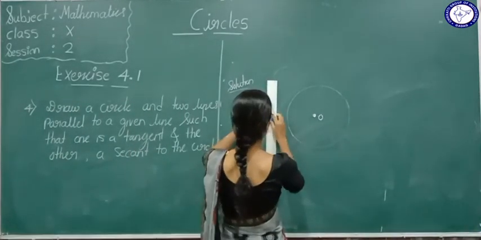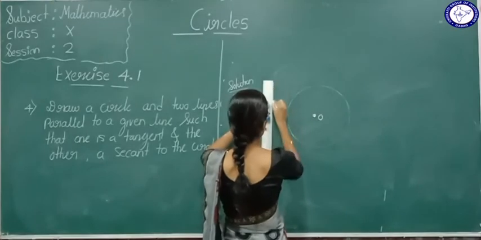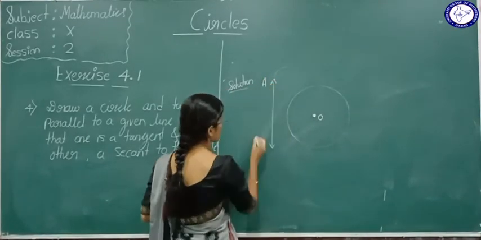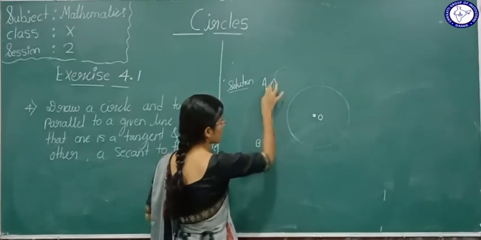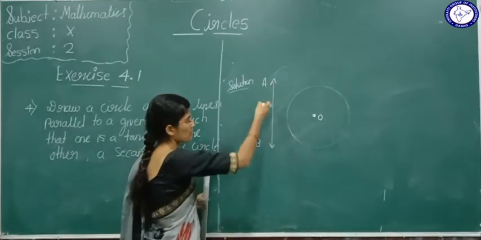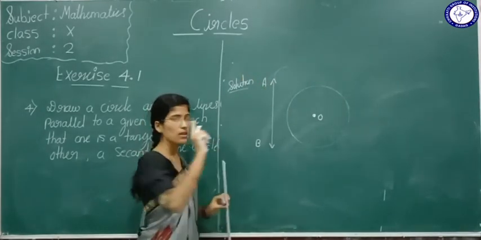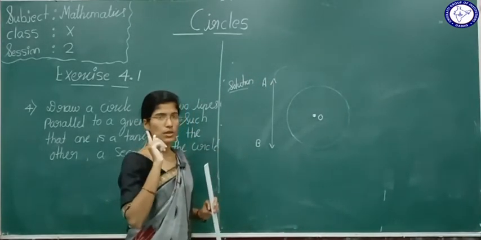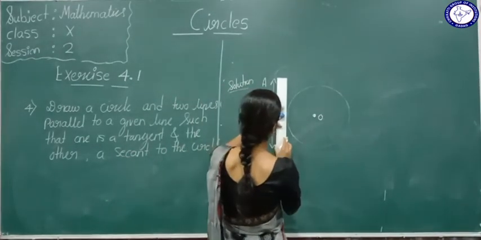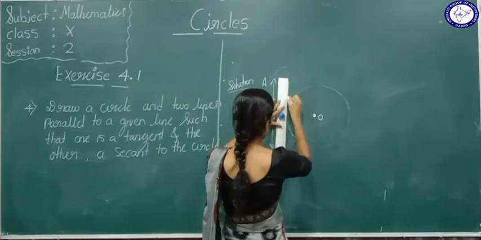Think this is a given line. Think here AB is a given line. What do we have to do? We have to draw two lines parallel to this line AB. One line should be a secant and one line should be a tangent. So we will draw one tangent parallel to the given line.